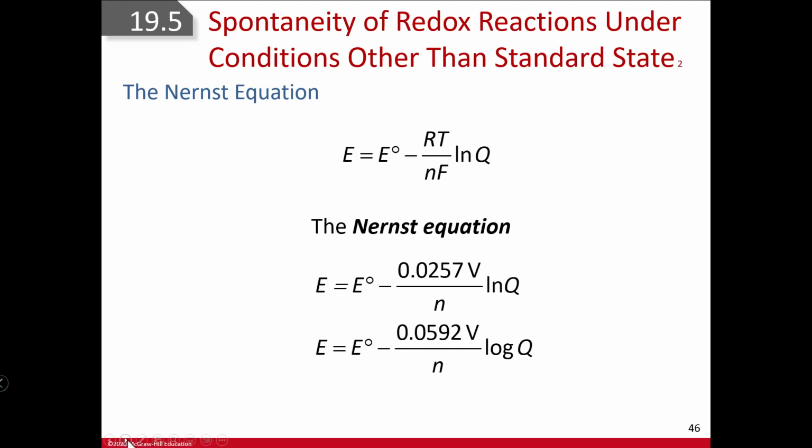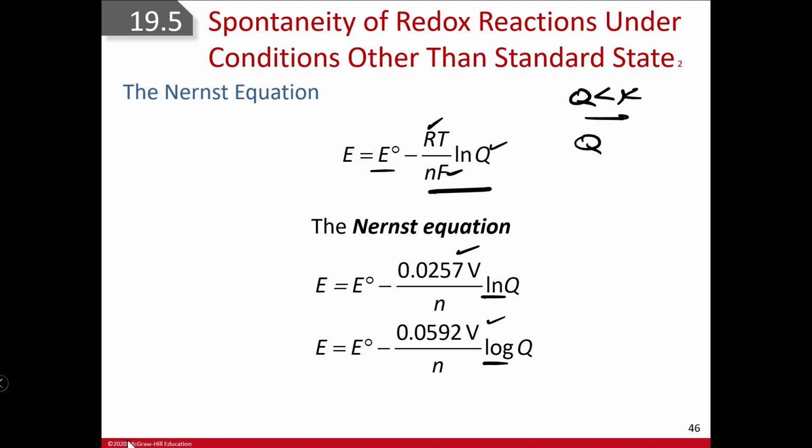All right. So then R is a constant, and this Faraday's constant is a constant. And so if we're dealing with the ln of Q, this comes out to be 0.0257 volts over n. If we're dealing with the log of Q, it's 0.0592 volts over n. So it's the standard cell potential minus this. And that makes sense, right? Because this is contributing the reaction quotient related to K. We know if the reaction quotient is less than K, the reaction is going to go in the forward direction.